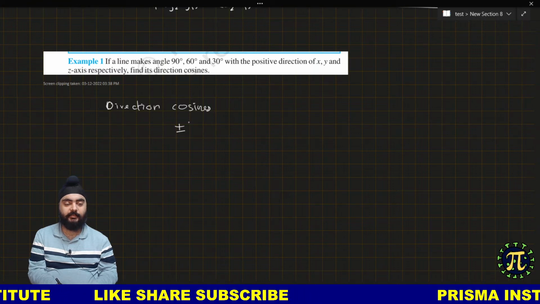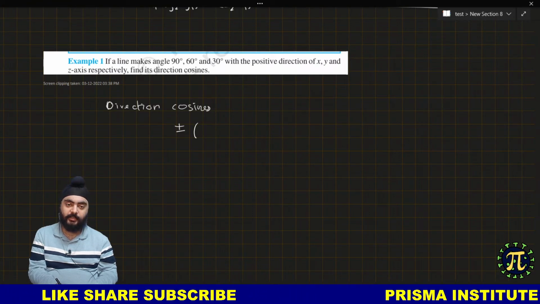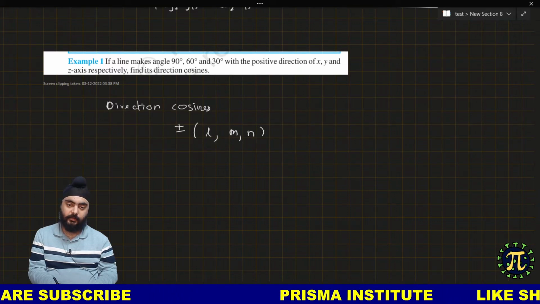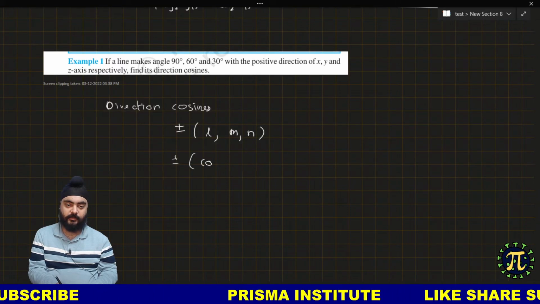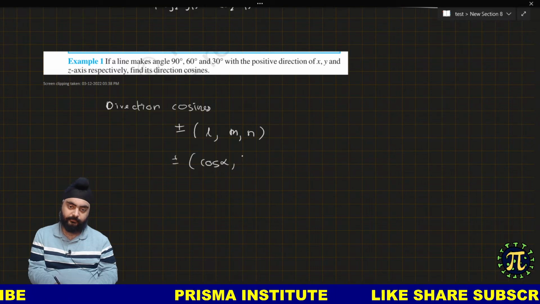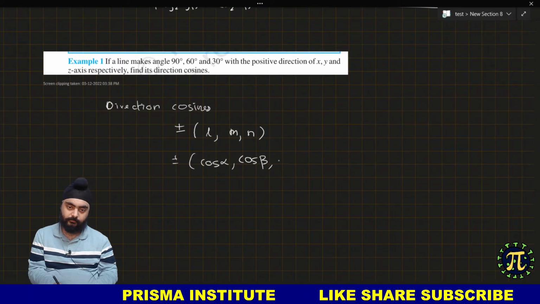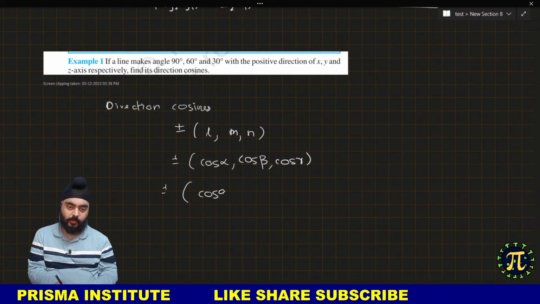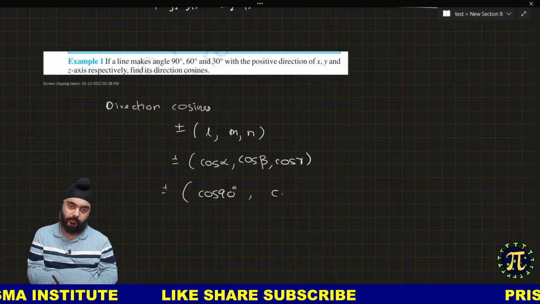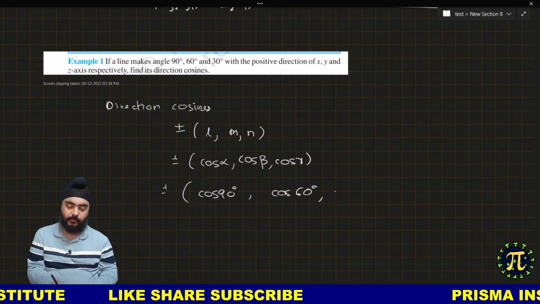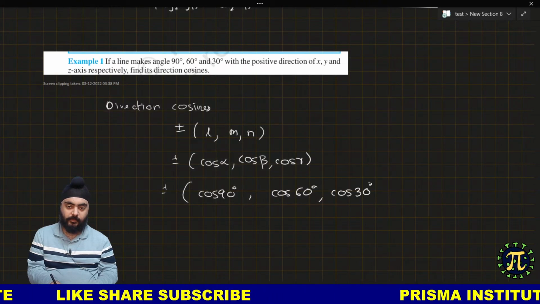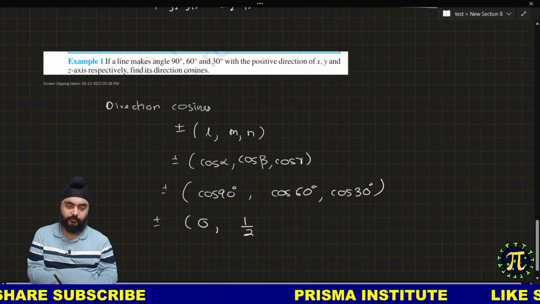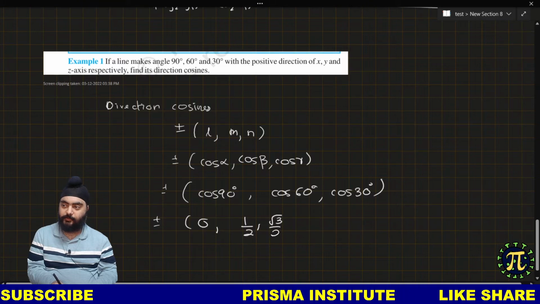So this is a line, not a vector. Look, this is a line, so that's why I am writing plus minus. If it were a vector, we would not write plus minus, right? l, m, n, and the result is plus minus cos alpha, cos beta, cos gamma. Cos 90, cos 60, cos 30, which are 0, half and root 3 by 2.